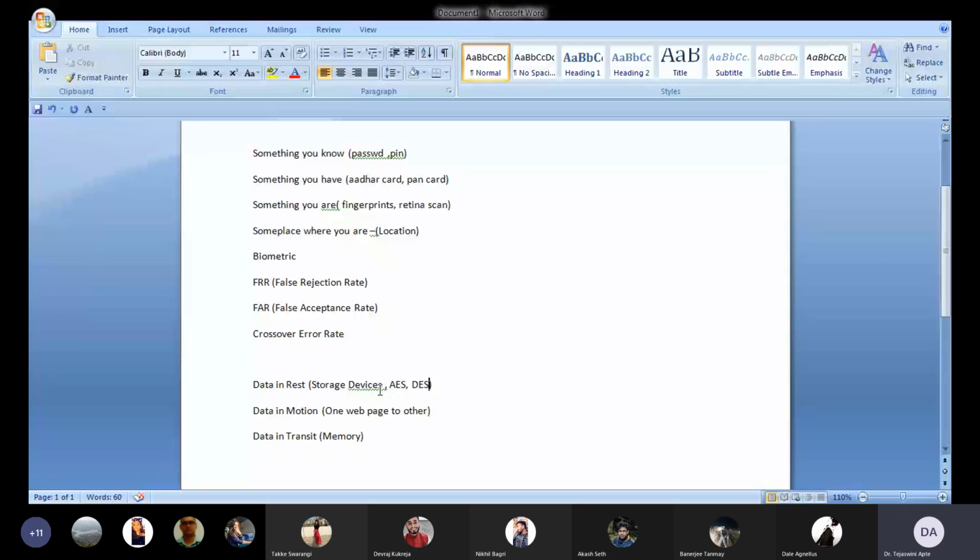So we won't go ahead and take care of AES and DES. Now, when you go with the data in motion, that means one page to another, the data is going to be secured with, for example, TLS and SSL.